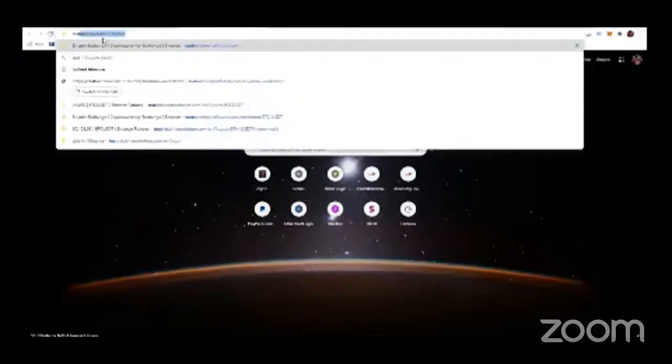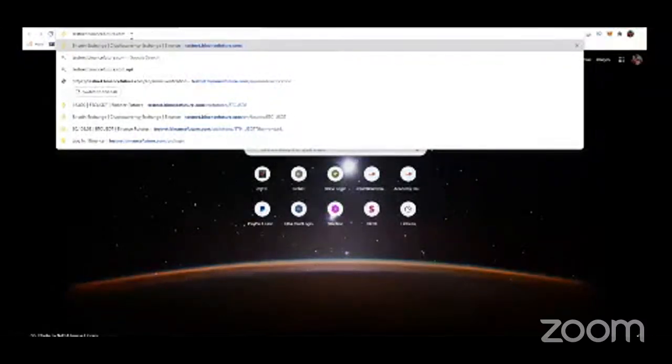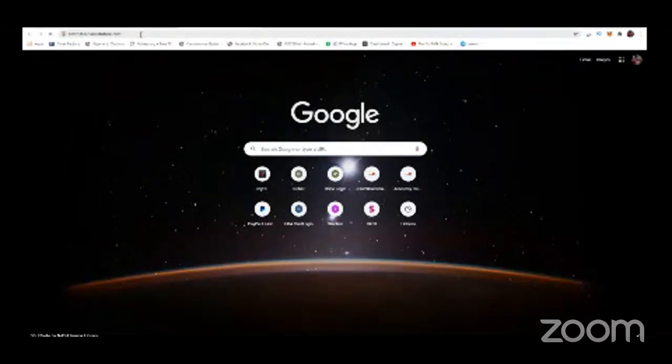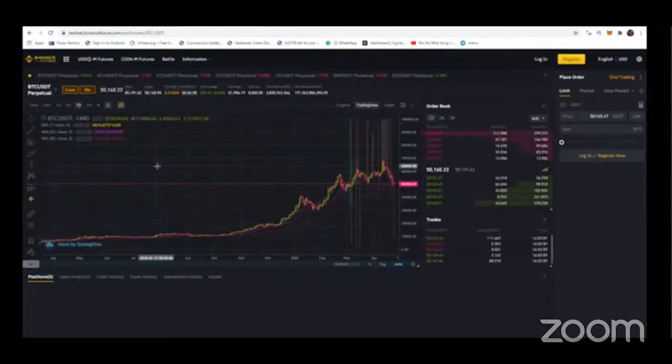Because we want to trade on futures, we want to practice on futures, we are going to use testnet.binancefuture.com, and then you press enter. So once you click on that, it's going to take you to this environment. It's going to take you to the same environment that we are already familiar with, which is this right now.